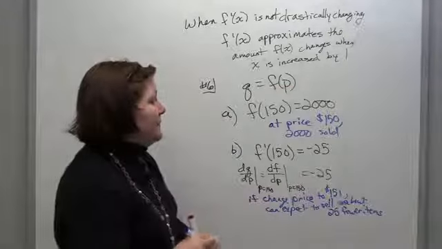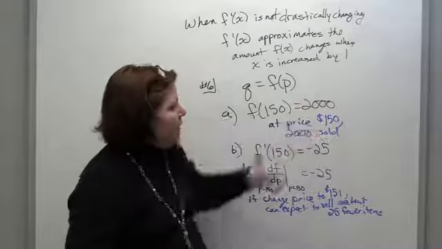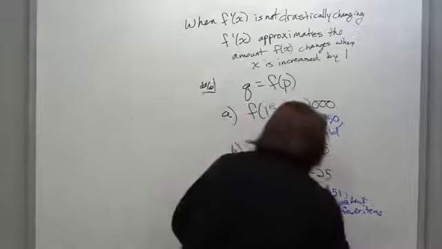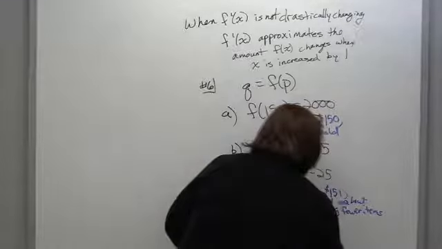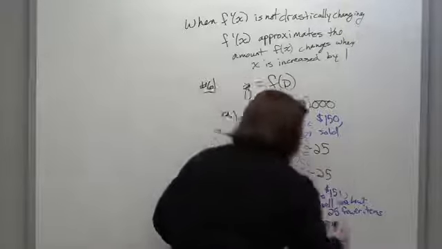And we could even be more specific about that. 25 fewer items, well, that would be about 1,975 items.